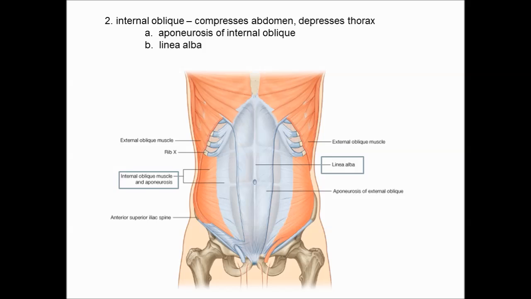So this is a way to increase the strength of the abdominal muscles, to make the next layer have the opposite orientation. There's also an aponeurosis, linea alba and aponeurosis of the internal oblique, that hooks the internal oblique muscles towards that linea alba.